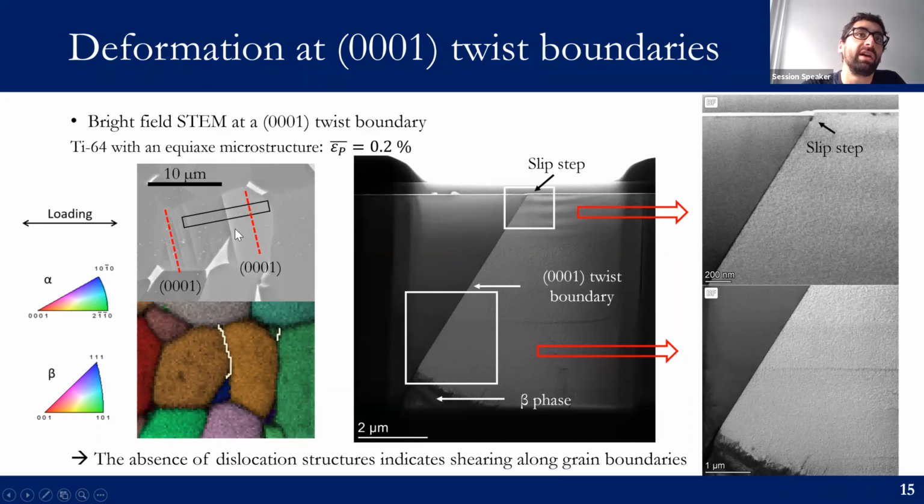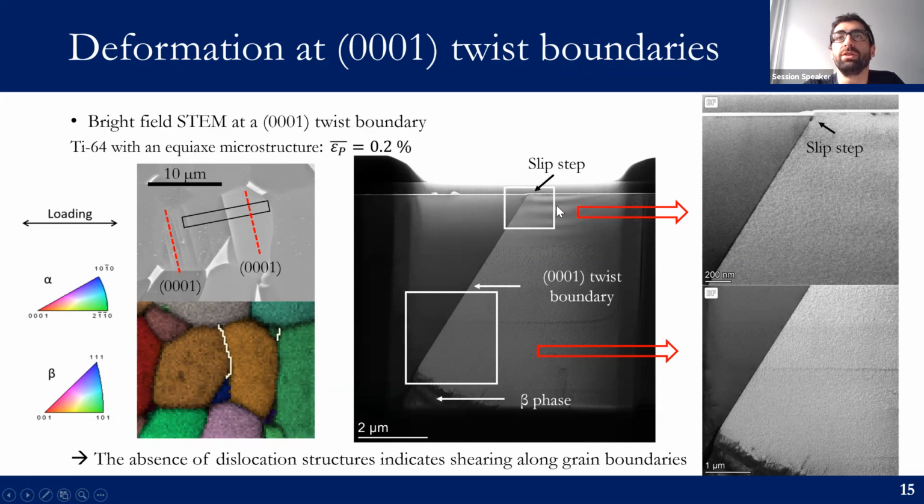You may notice that there seems to be slip activity at the boundary between the two primary alpha grains. And we have extracted a TEM thin foil using focused ion beam at this 0001 twist boundary. A bright field STEM micrograph of the thin foil is presented at the center of the slide.